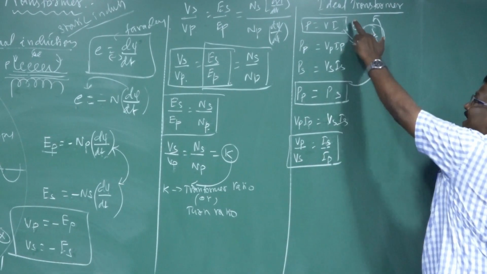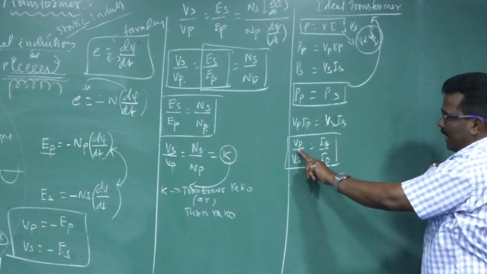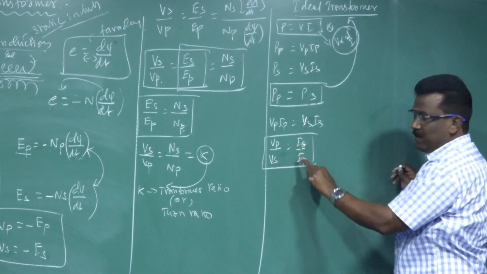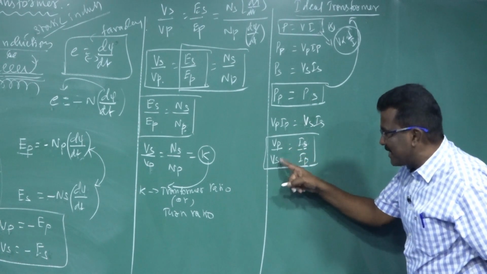But in the case of an ideal transformer, Vp by Vs is equal to Is by Ip.